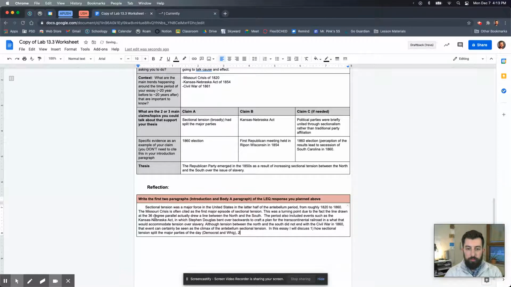Two, I will discuss how the Kansas-Nebraska Act gave the impetus to anti-slavery advocates to organize.